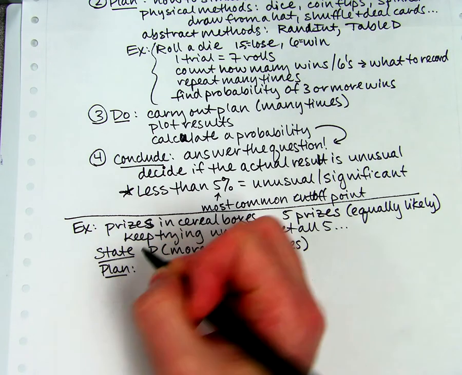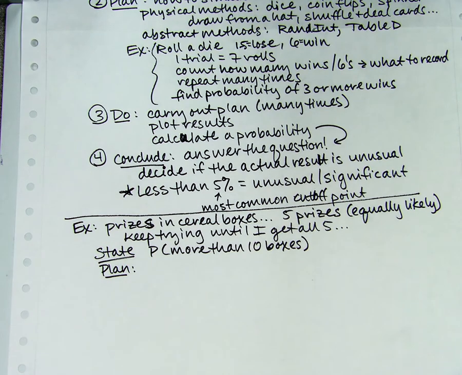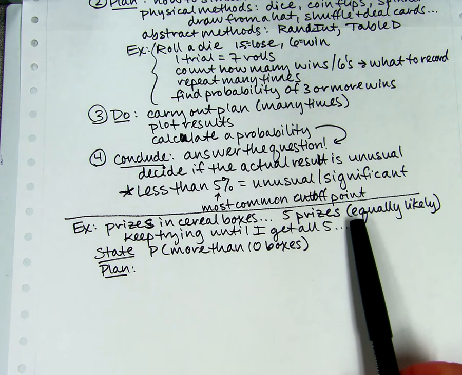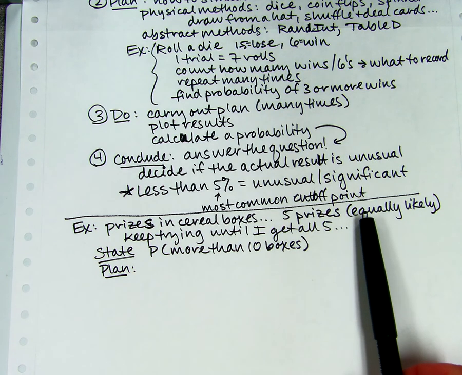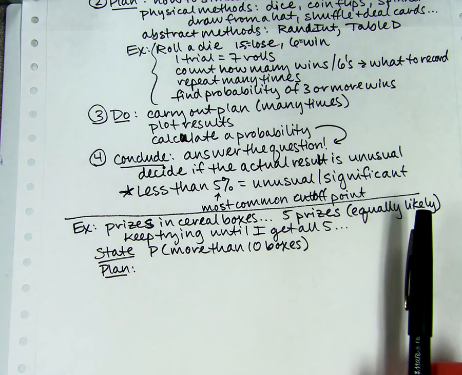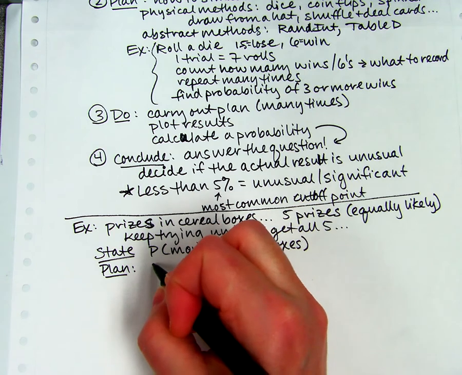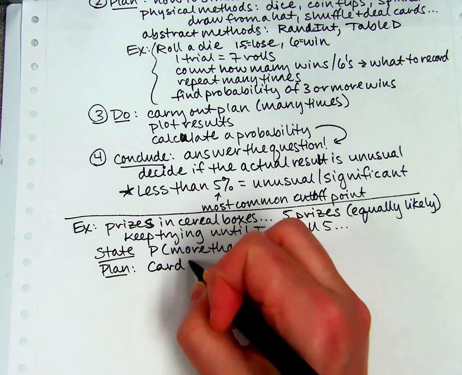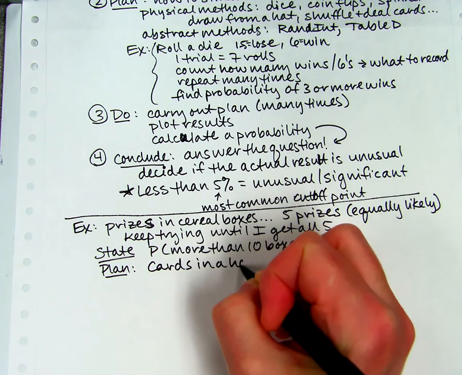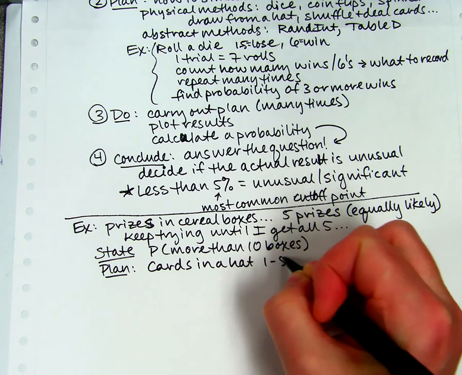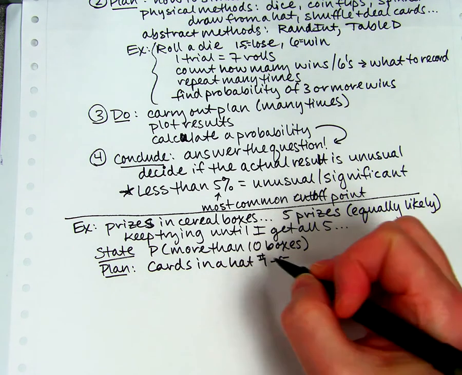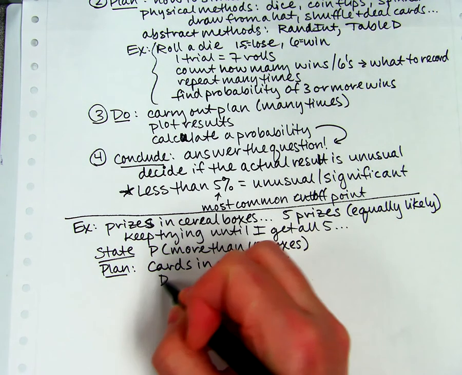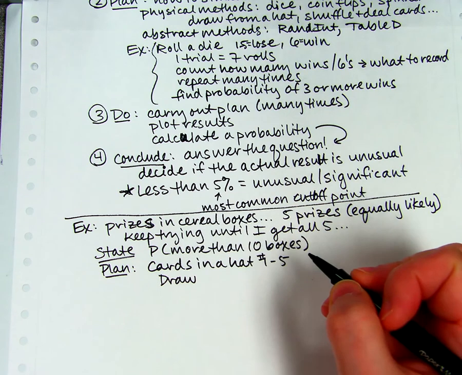The plan. Okay, so I need to set up a situation where there are 5 equally likely outcomes. So I could do that with cards in a hat that I'm drawing. I'm going to do it 2 ways and number them 1 through 5. And I would need to draw them one at a time, but I don't want to put them back after I draw them, right?